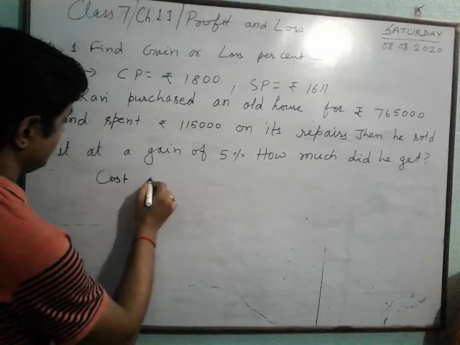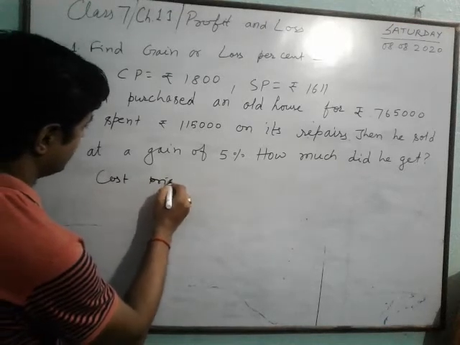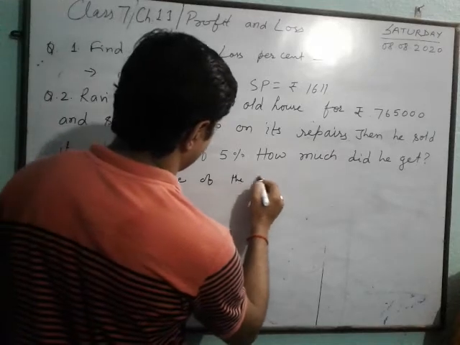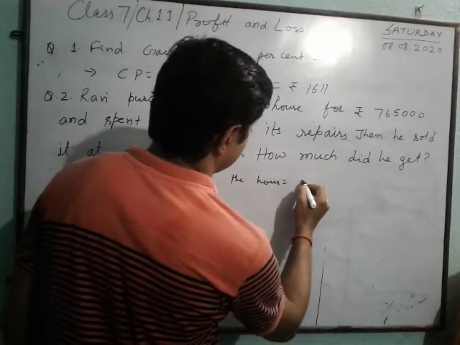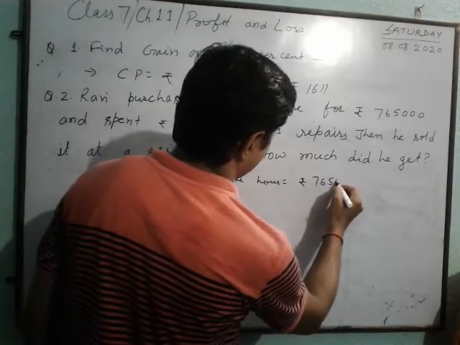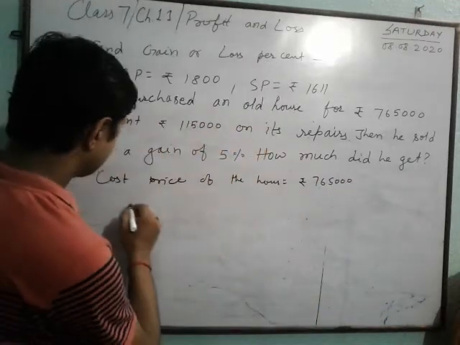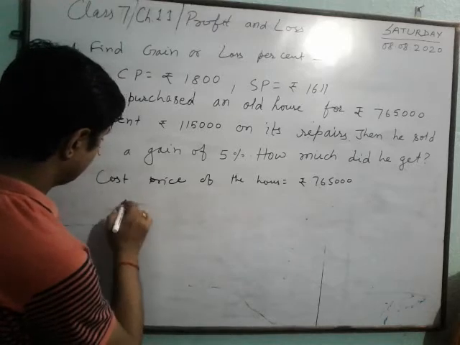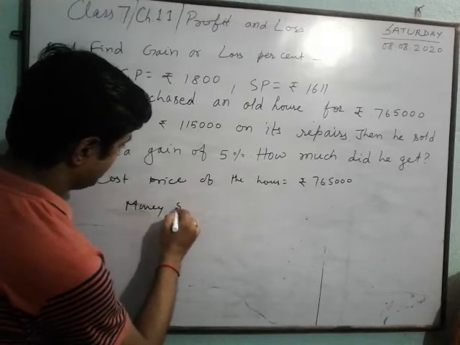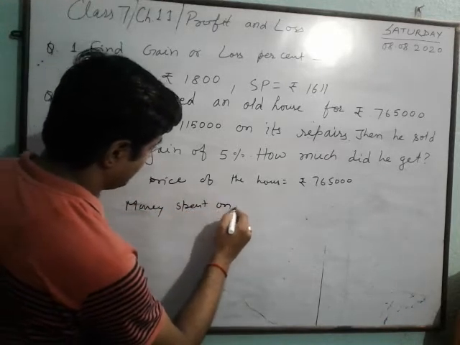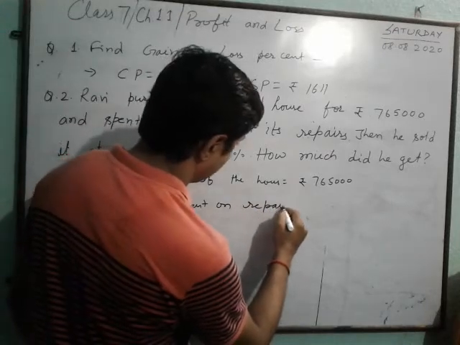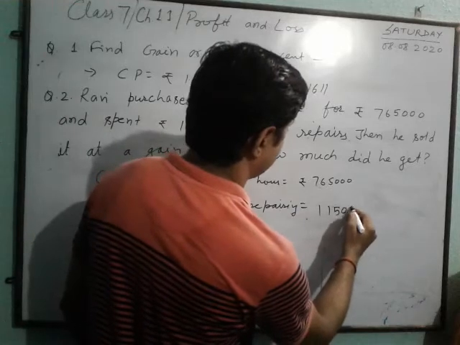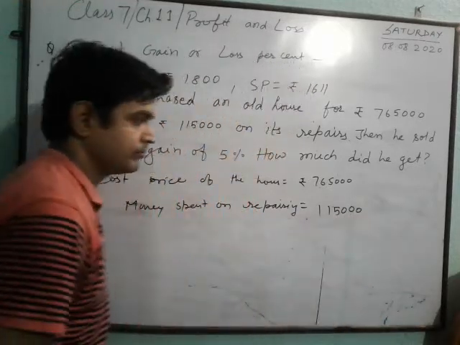CP, cost price of the house, is equal to rupees 7,65,000. Money spent on repairing equal to 1,15,000.